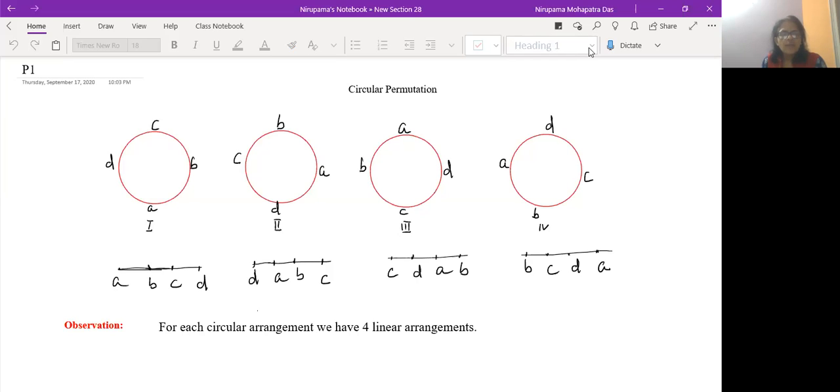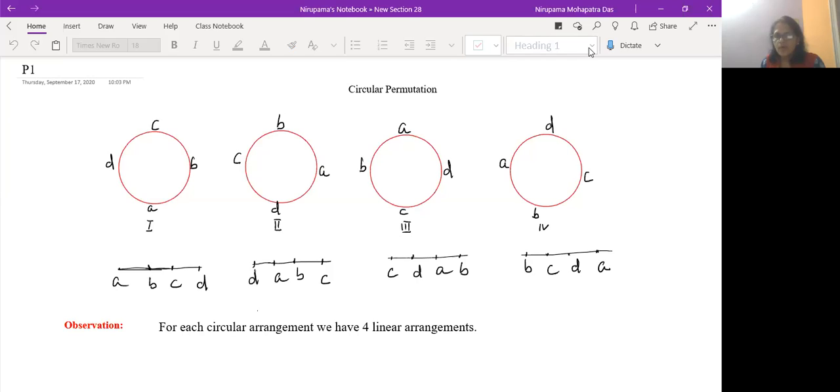Let A, B, C, D be four persons. Now A, B, C, D are sitting like this. In the second figure you see, we just have shifted the place of A. That means again it is A, B, C, D. In the third circle, again we have shifted the place of A, so A, B, C, D again here also.